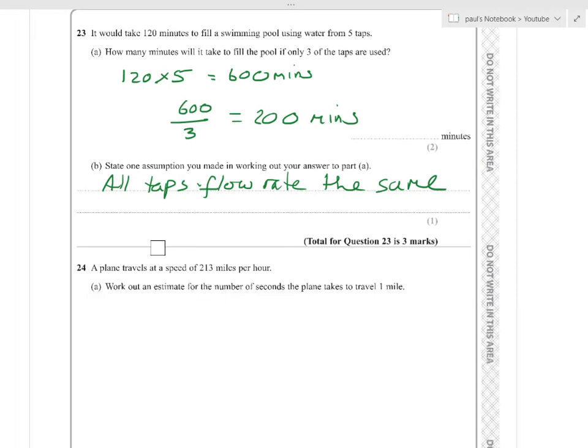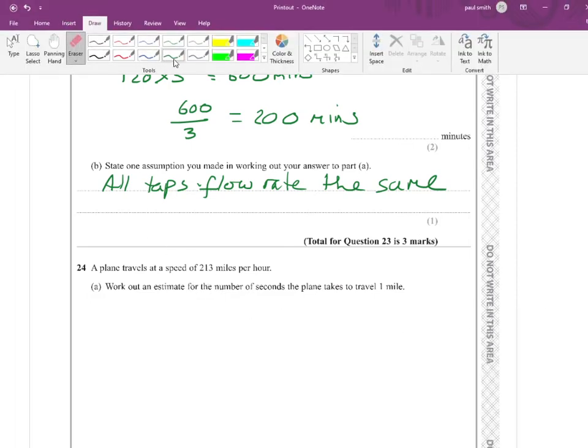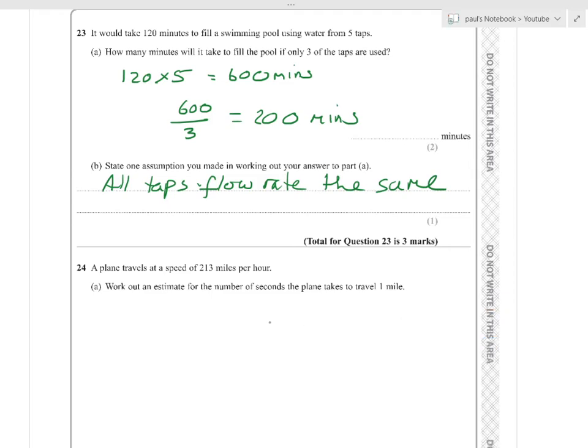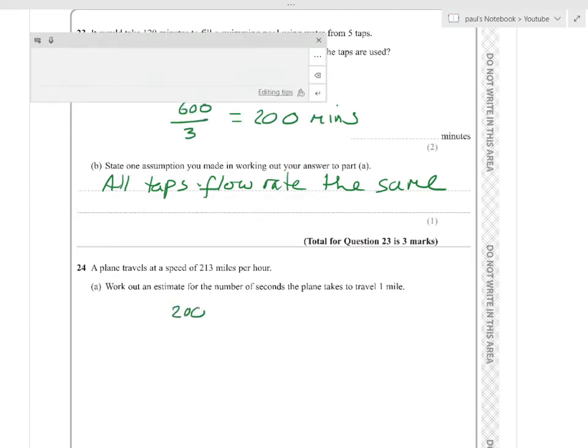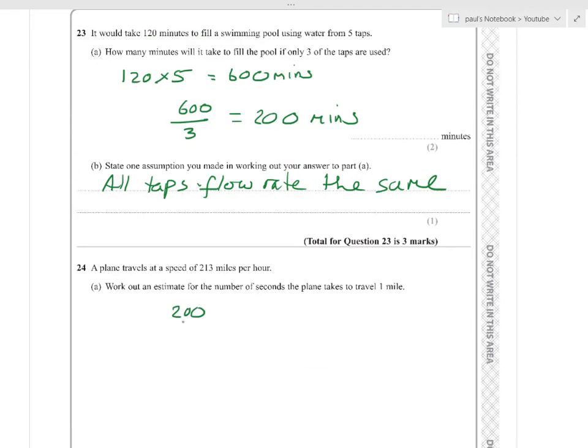Right. So all those in 1 hour are going to divide that by 60 by 60. Yeah. So 200 divide by 60. This is what?